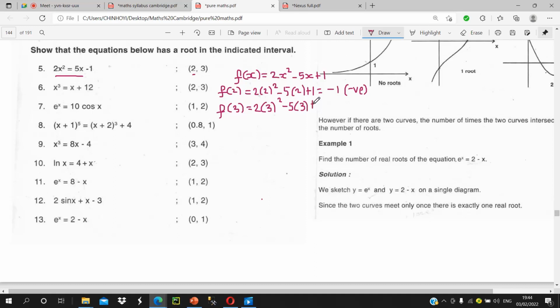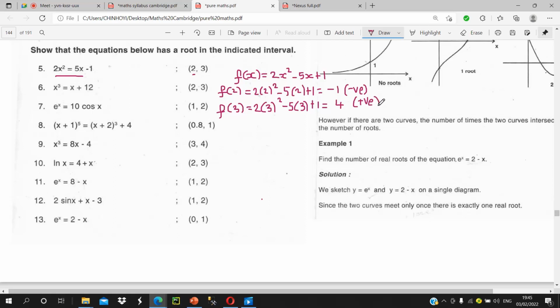Then your answer will be 4. And 4 is positive. Then after this, you are going to give a comment or conclusion.